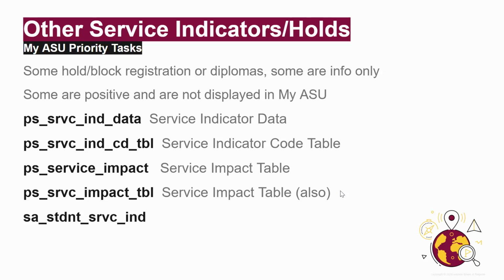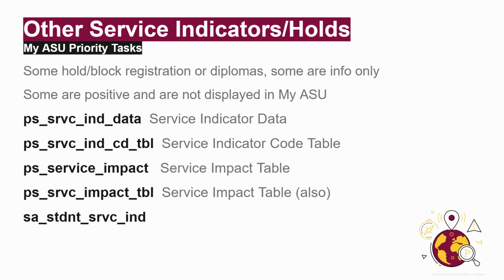Some students get a bunch of other service indicators. One of the common ones is the MMR requirement. Most students that are new will get a service indicator for that. But there's all sorts of service indicators that can be added and removed. We can control whether it displays in my ASU or not. And then there's the concept of a positive and a negative.